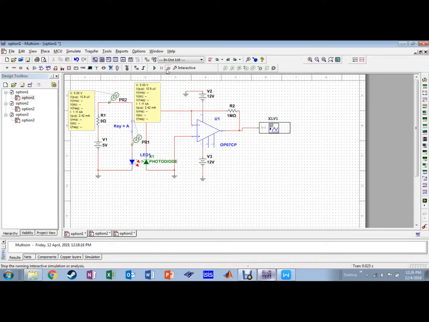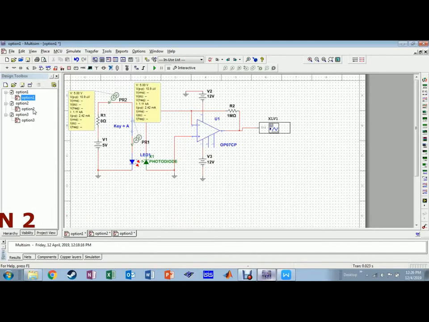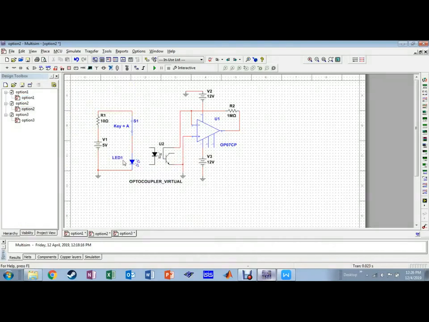So this is option 1, which uses a photodiode. We need to use other options of optic sensor as shown below. Next, we try to change from photodiode to optocoupler, but the connection of the circuit and the components remain the same.